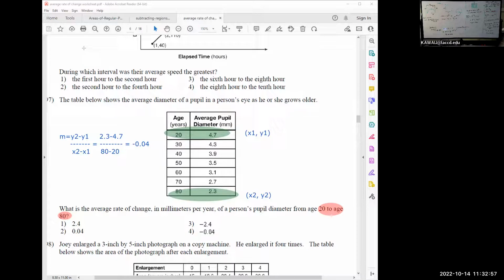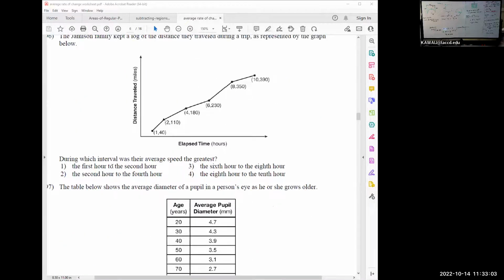Okay. So let's look at the previous problems. They're asking you first hour to second hour, here to here. Second hour to fourth hour, here to here. But if they wanted to be tricky, they could ask you from first hour to 6th hour and then 6th hour to 10th hour. So be really careful, because they're always going to give you a starting value and an ending value.